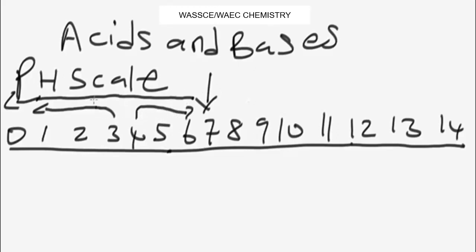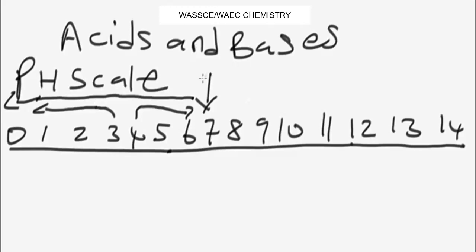So as you go down the pH scale from 3 below, the more acidic the solution will be. As you proceed forward from 4 to 6, the weaker the solution will be in terms of acid. So the solution will be weakly acidic.